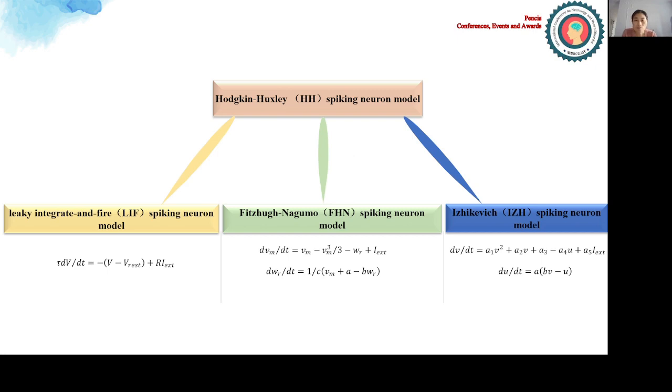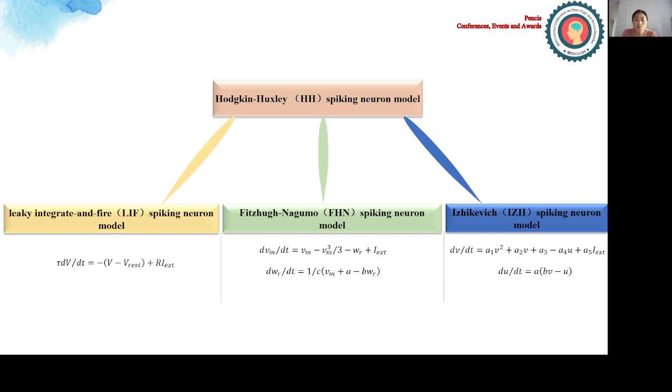To mimic the behavior patterns and functional mechanisms of neurons, academic scholars proposed a lot of artificial neuron models, such as the LIF spike neuron model, the FHN spike neuron model, and the IZH spike neuron model. They are all typical simplified neuron models based on the HH spike neuron model.